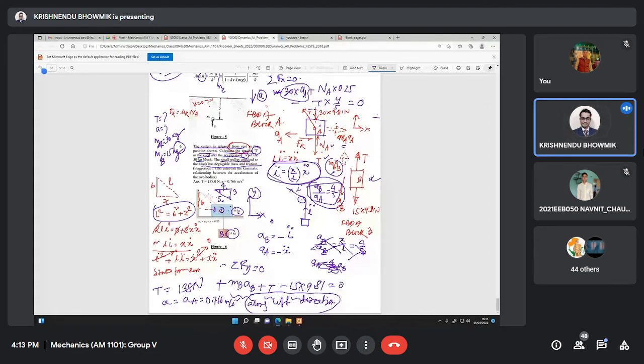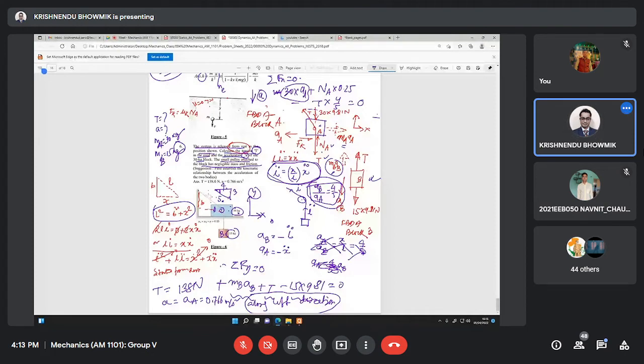Now this AB equals minus L double dot, because as per the XYZ convention we have taken, and AA will be minus X double dot, in reverse directions.